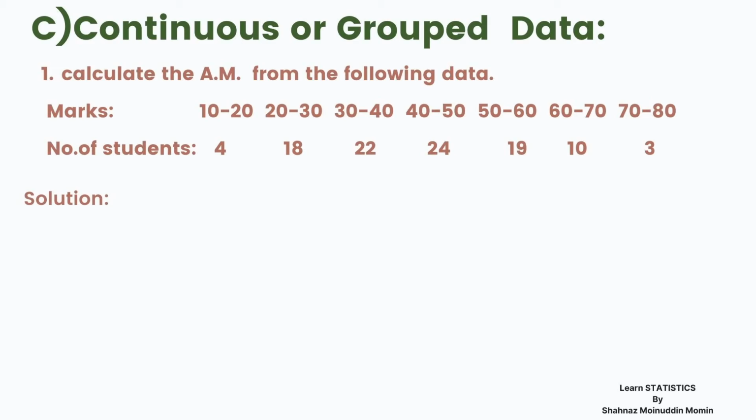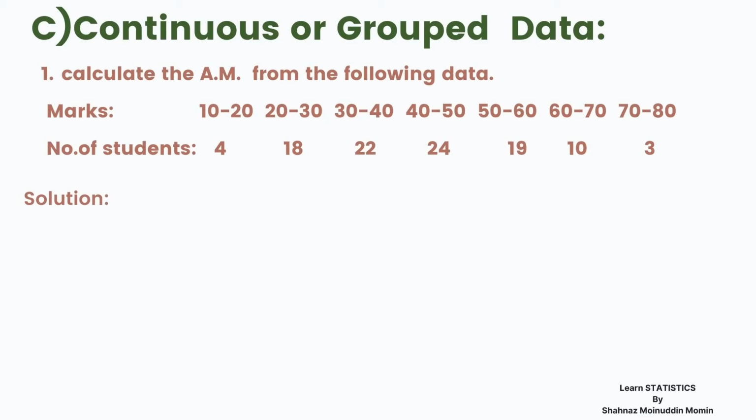Marks are divided into classes. For example, marks from 10 to 20, 20 to 30, 30 to 40, likewise 70 to 80, and the number of students belonging to that class are counted and which are also given, like 4, 18, 22, etc. Since classes and frequency are given, the data is a group or continuous data.